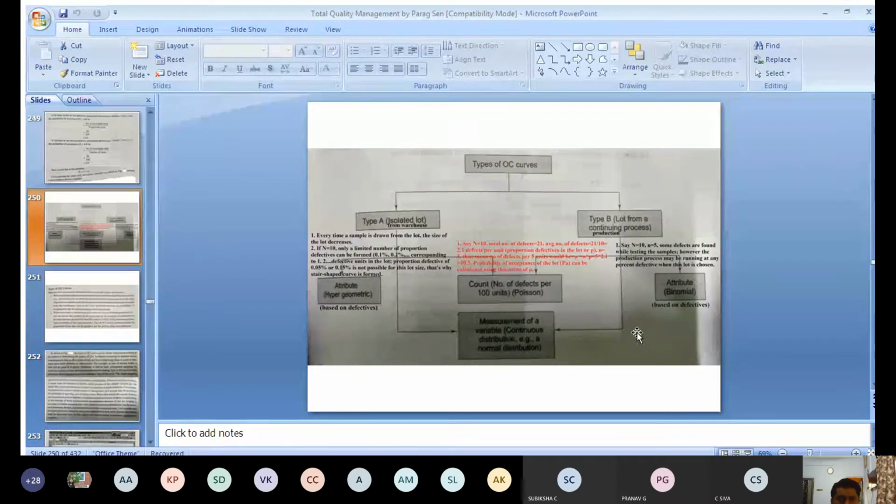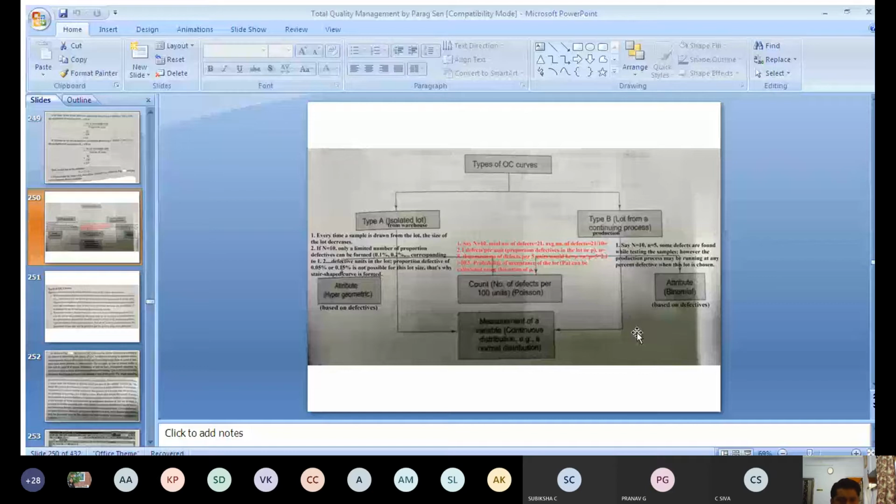Depending upon the production process, or from which particular thing you are collecting those lots, or what particular things, defects or defectives, you are considering, the distribution that you will be applying will vary.